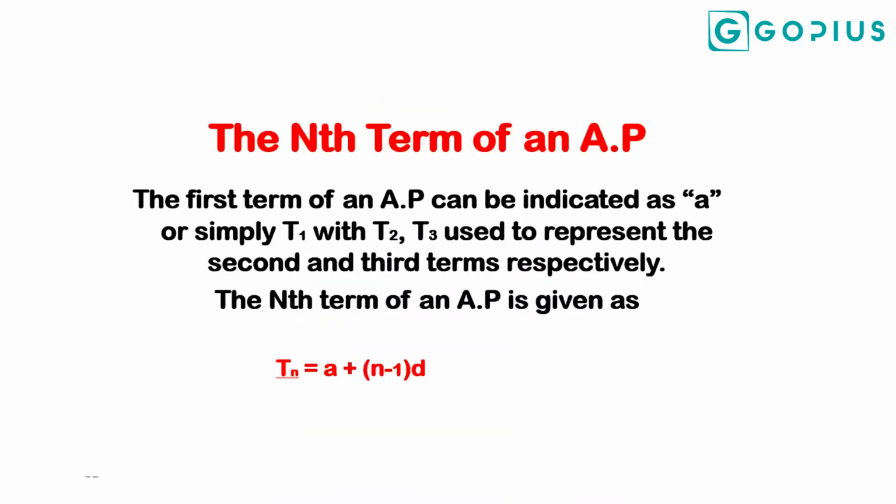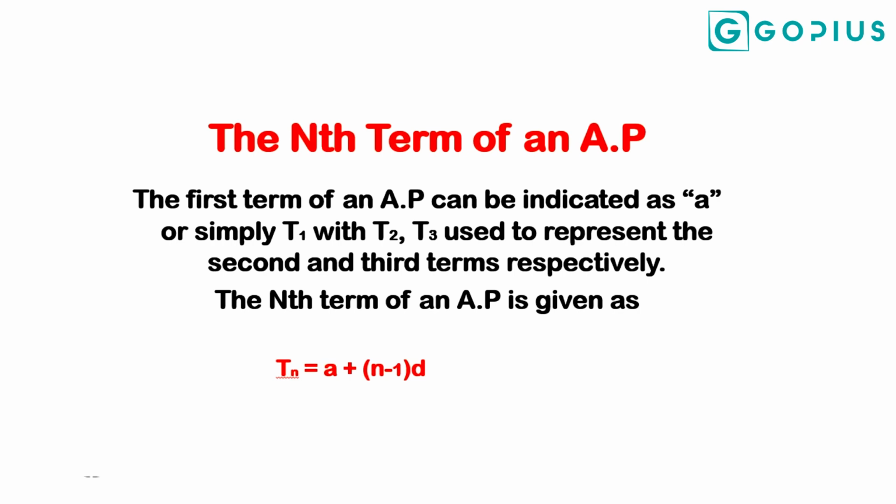On your screen, you can see what we call the nth term of an AP, the nth term of the linear sequence. I've already emphasized that the first term is given as T1 or A. In some questions you can be given the first 3, 4, or 5 terms, and you are asked to find the 20th term or the 50th term.